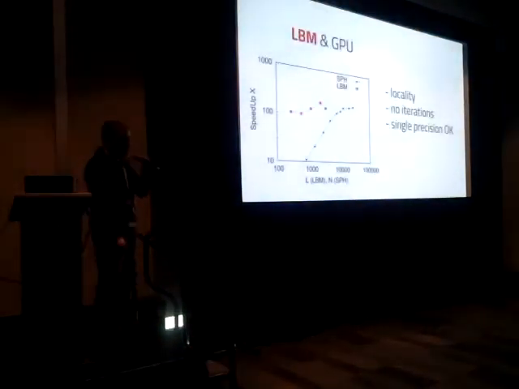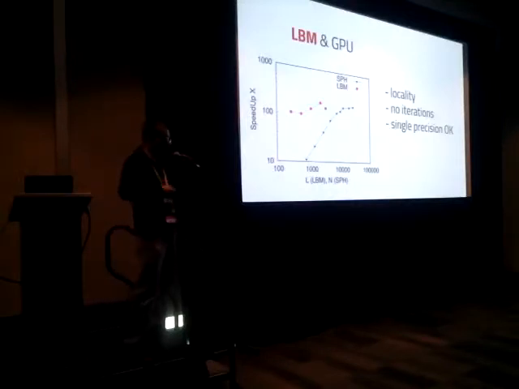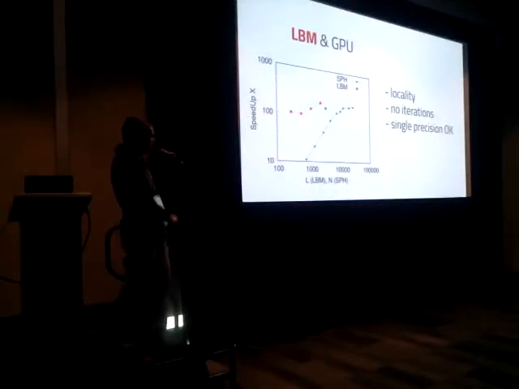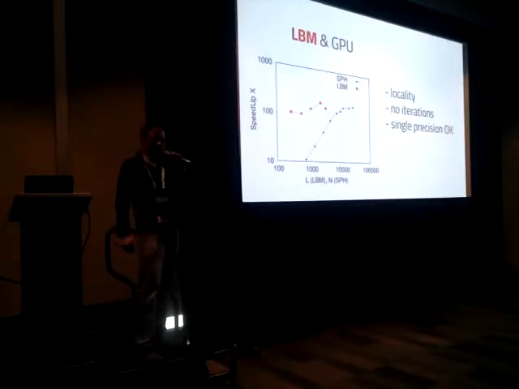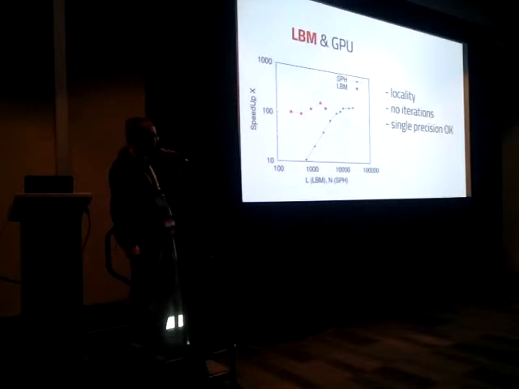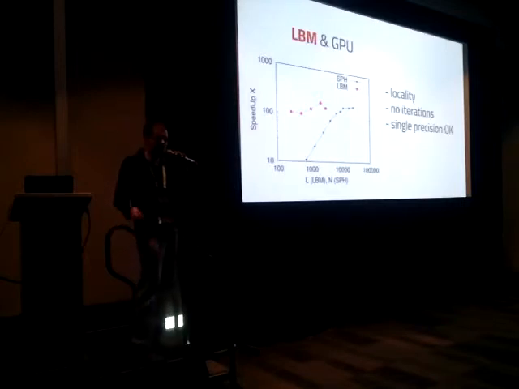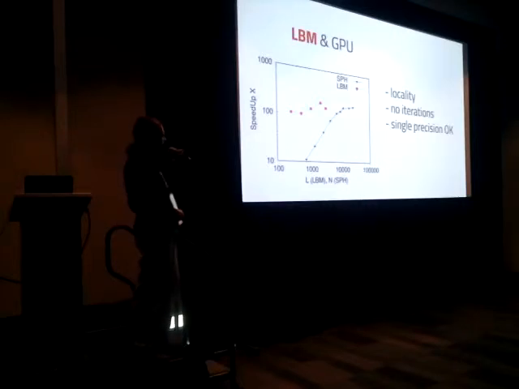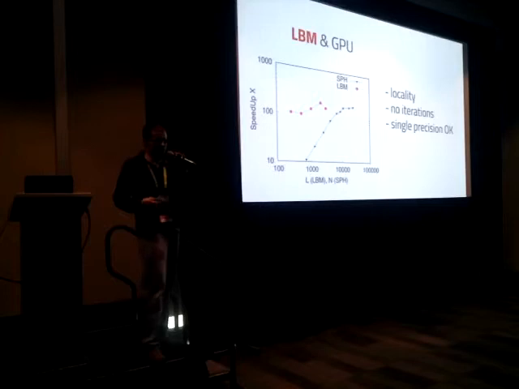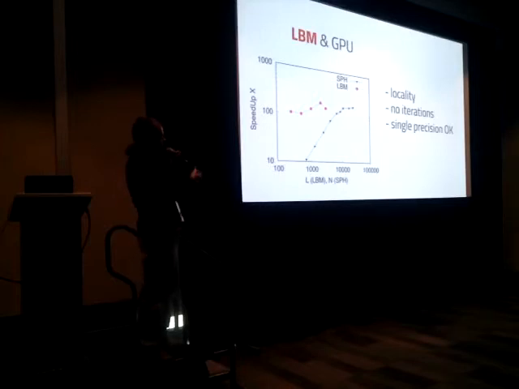And how about LBM and GPU? I repeated many times that these were not GPU. So lattice Boltzmann scales very well on GPU, and if you go to an LBM conference, you may be very happy, because there are many people mentioning and describing lattice Boltzmann as a method that gives you nice speedups on GPUs.